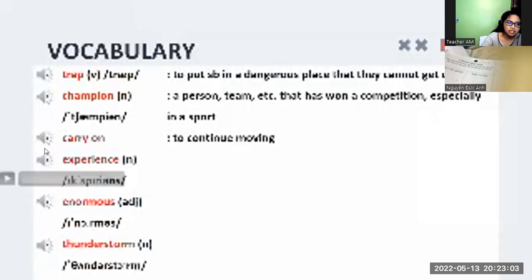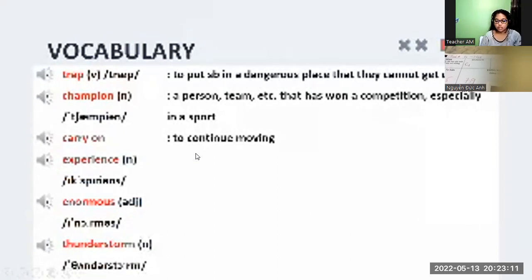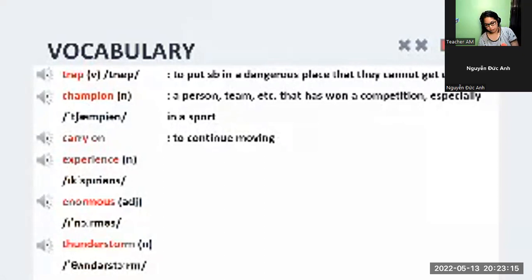So next we have experience. Can you please say it again? Experience. Okay, so what is the definition of experience in your own opinion? What's the definition of experience for you, or in your own opinion?